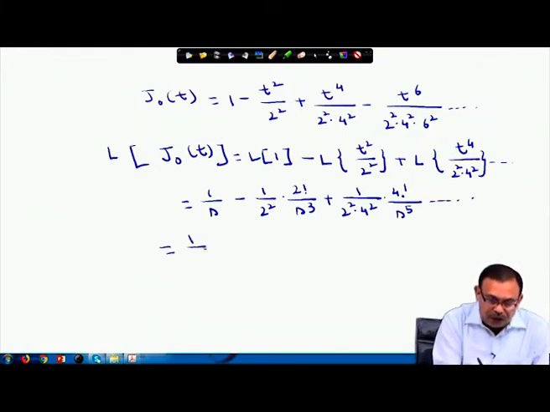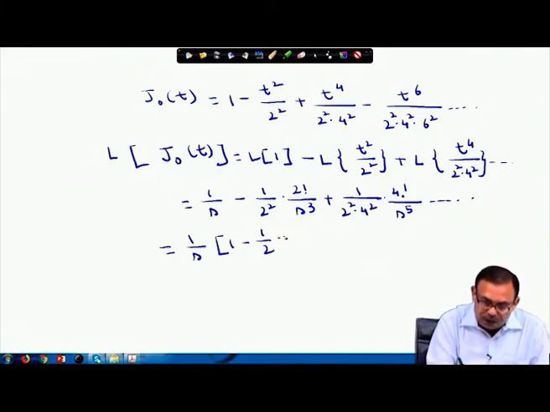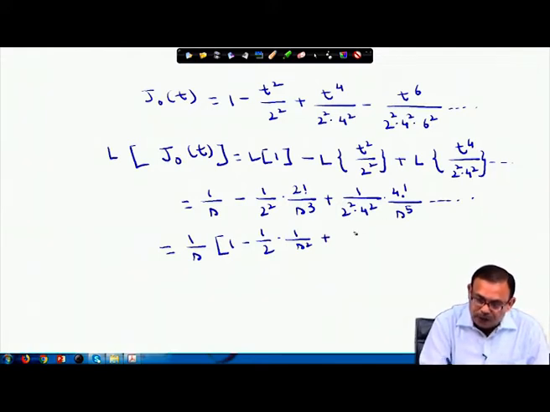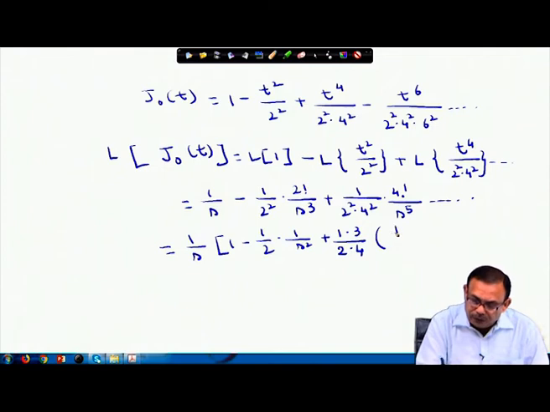If you take 1 by s common, you will obtain 1 minus half into 1 by s squared, plus here factorial 4 is there. So, you will get 1 into 3, and here 2 into 4, and 2 and 4 will be cancelled. So, 1 by s has gone out, and it will be 1 by s squared whole squared, and like this.